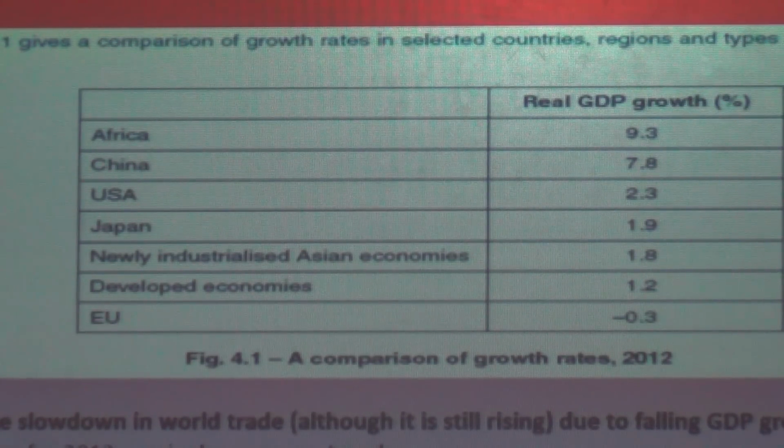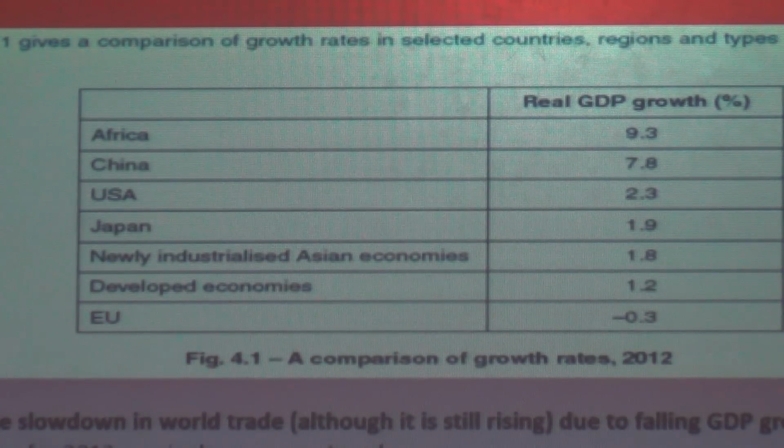Now those countries, the Asian economies, would include Singapore, South Korea, Taiwan and Hong Kong. Japan again below 2% and the USA just slightly above at 2.3%. So in the developed world, growth is quite feeble, it's relatively weak.